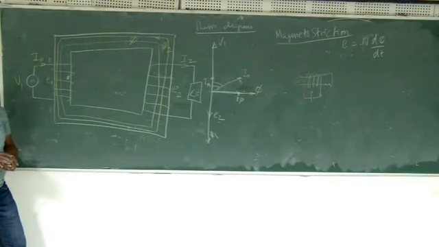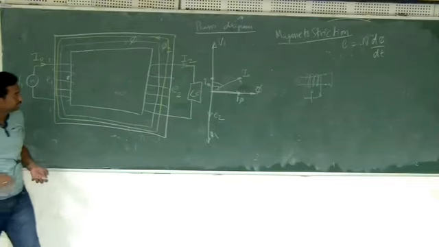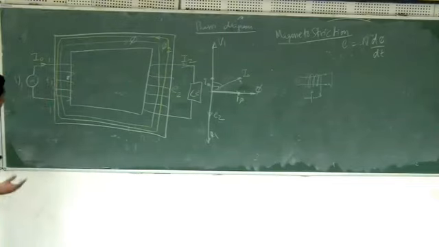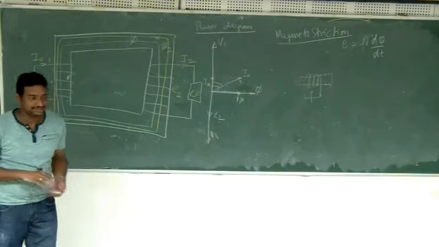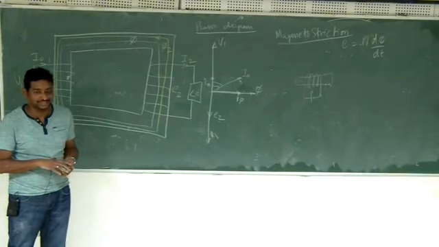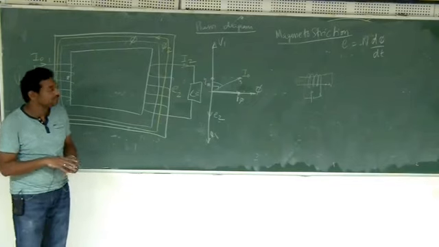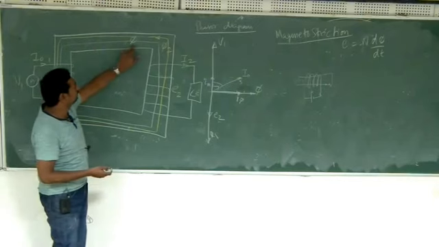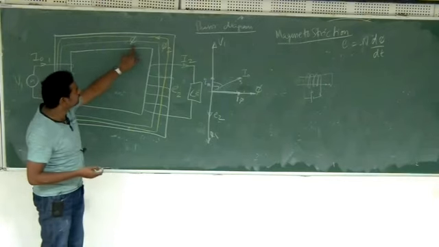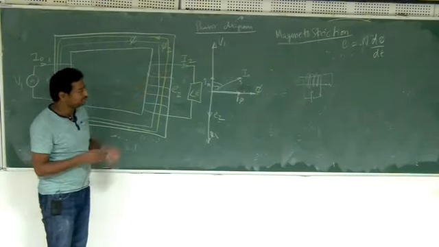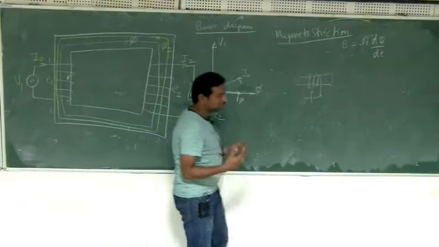What is related to rate of change of flux? I am discussing in terms of steady state sinusoidal condition. That rate of change of flux is already there. This is continuously changing. This is also continuously changing. So what I am saying is they are opposing each other.